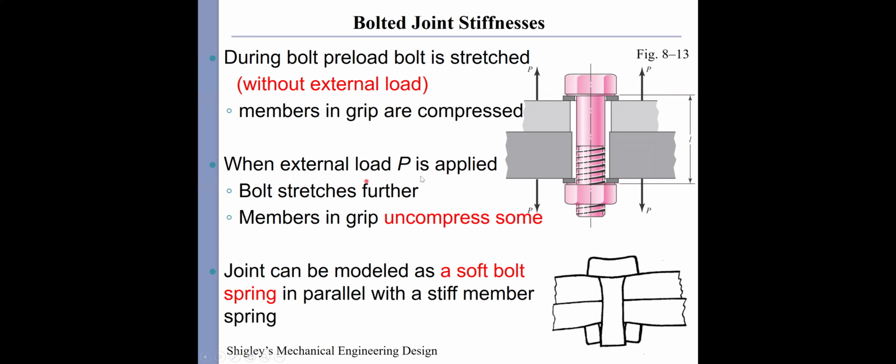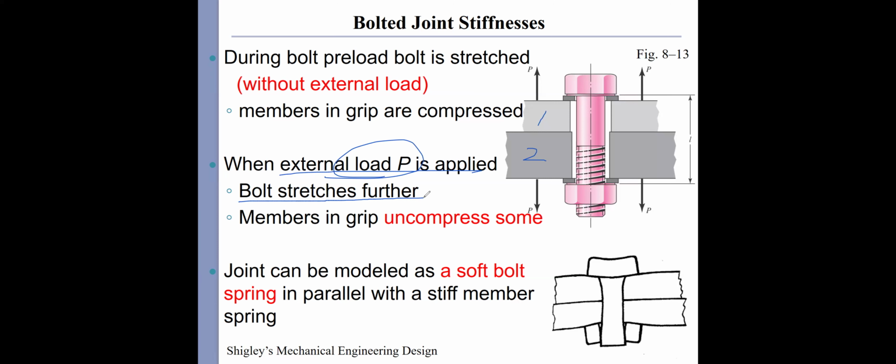When the external load is applied, what is the function of the external load? That is the load that tries to separate the members, member 1 and member 2. So when external load P is applied, the bolt stretches further.